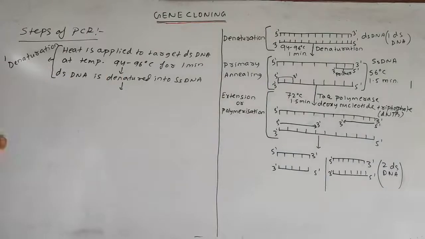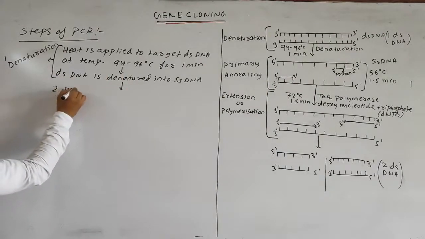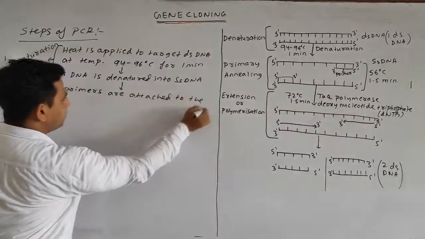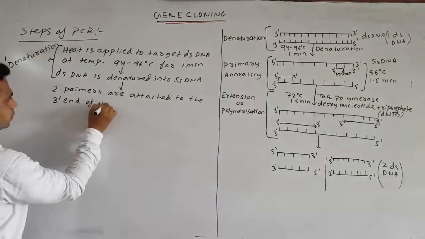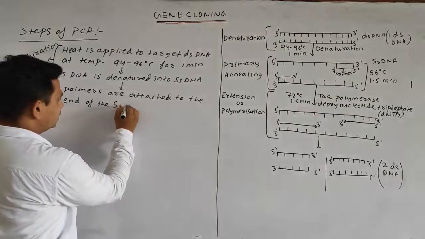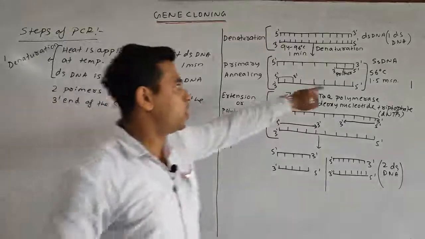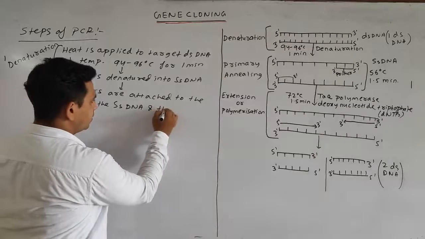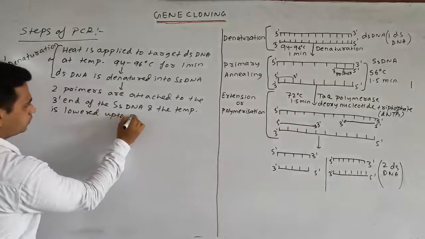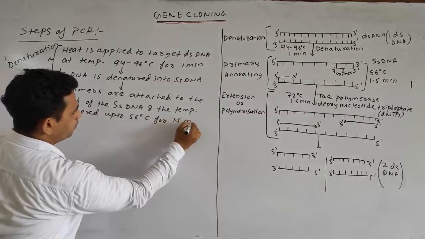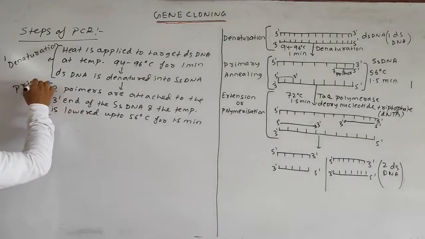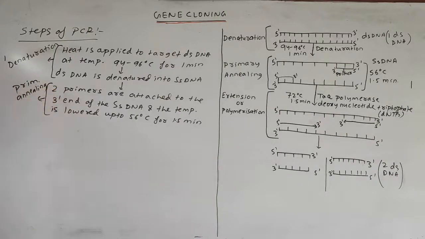So we can write: in the next step, two primers are attached to the 3' end of the single stranded DNA, and the temperature is lowered to 56 degrees centigrade for 1.5 minutes. This much is primer annealing. Simple.